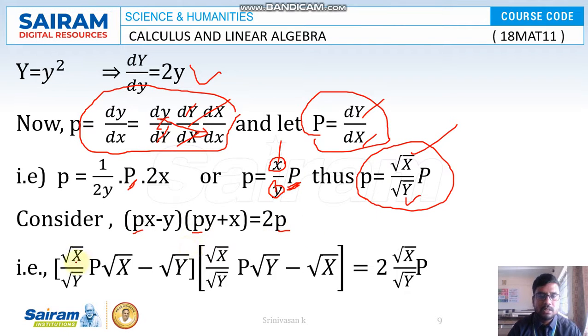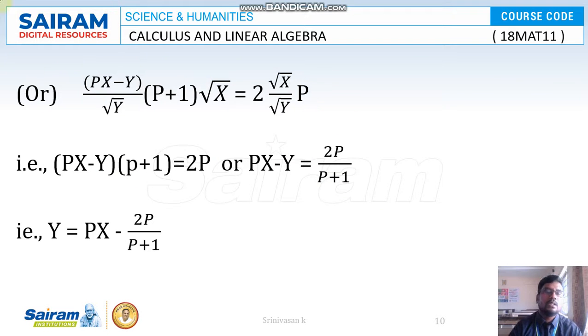We get root X divided by root Y into capital P into (root X minus root Y), then root X divided by root Y into capital P into (root Y plus root X), equal to 2 into root X divided by root Y into capital P. So (PX minus Y) divided by root Y, P of 1 plus 1 into root X, equal to 2 into root X divided by root Y into P. Then (PX minus Y)(P plus 1) equal to 2P, or PX minus Y equal to 2P divided by P plus 1. So capital Y equal to capital PX minus 2P divided by P plus 1.